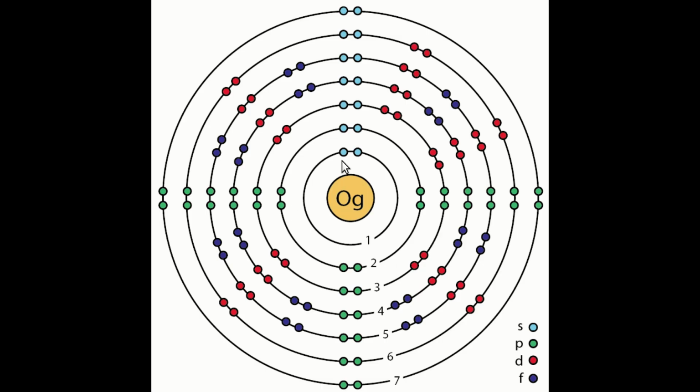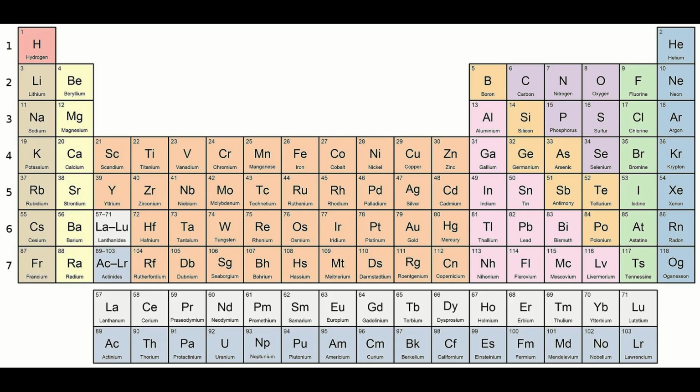And you can see here that they also start to group together into different shells. And here we have 7 different shells. Okay, so protons in the middle, electrons spinning around. Let's go back to the periodic table. So if we take a carbon atom, we can imagine 6 protons in the middle and 6 electrons spinning around.